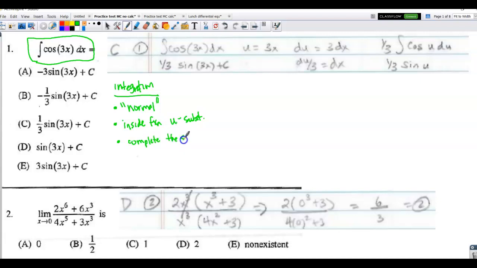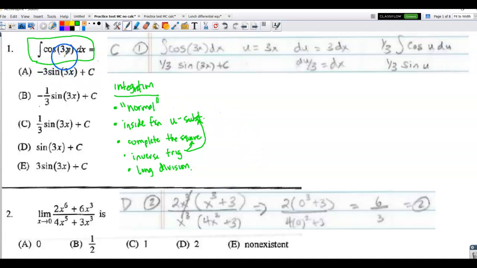So don't forget about that. And look for situations where you have inverse trig. That's oftentimes where you'll see the complete the square come in, and you're also going to have a u substitution there. And then finally, long division is also a possibility that you might need to do before you can do your integration.